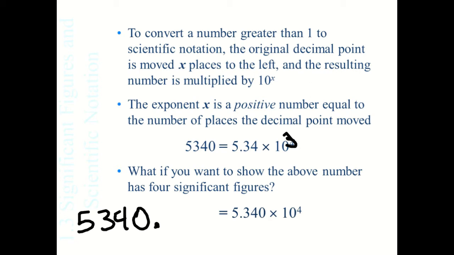I have to include that 0 because it is now significant. Okay? But it's still 10 to the 3rd, not the 4th. Okay. So the difference is the period? The period. This forces that 0 to become significant.